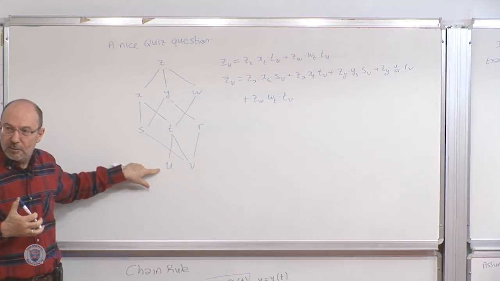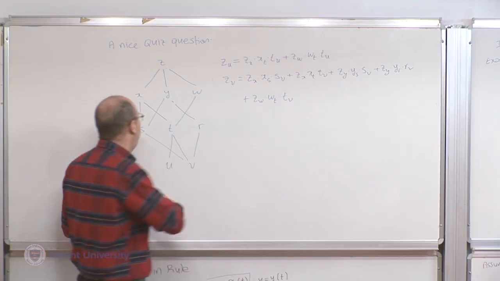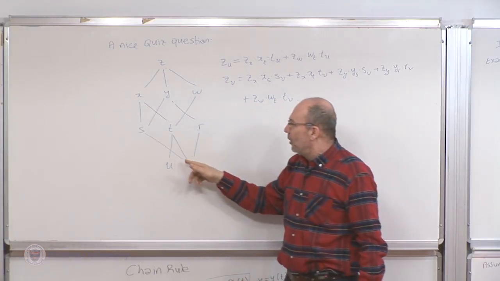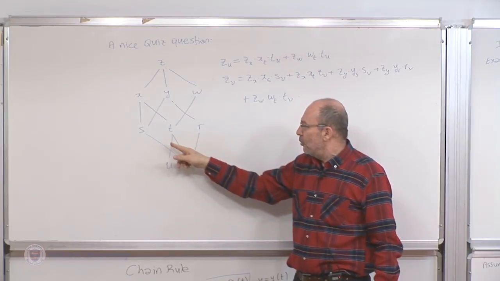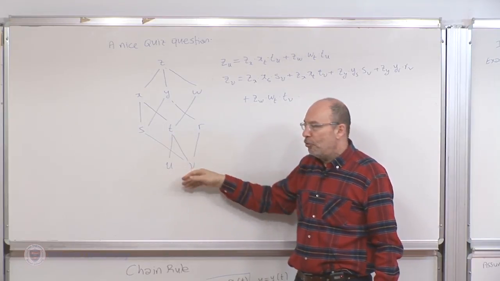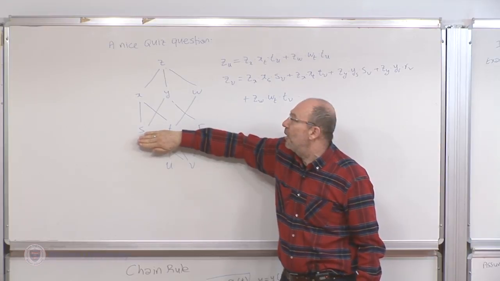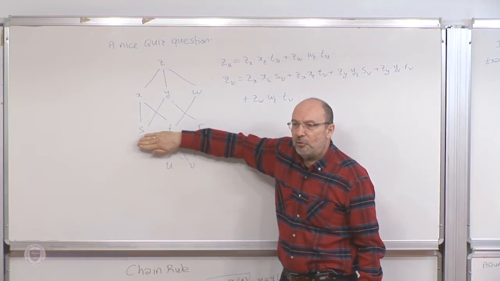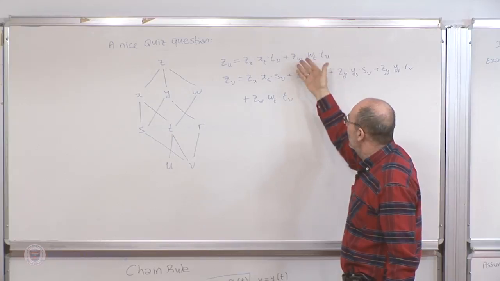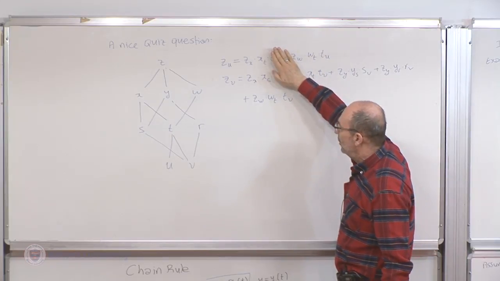Yes. Can you use this technique for calculating the partial derivative respecting to S? Yeah, yes, certainly. If you don't want to consider the dependence of S, T, and R on U and V, you can stop here, and now you can write the derivative of Z with respect to S.